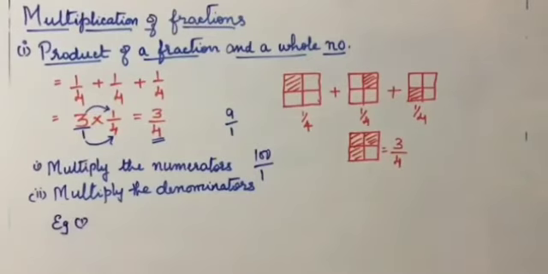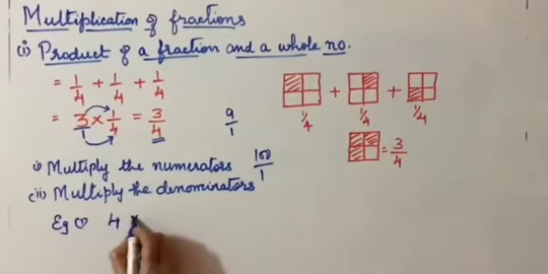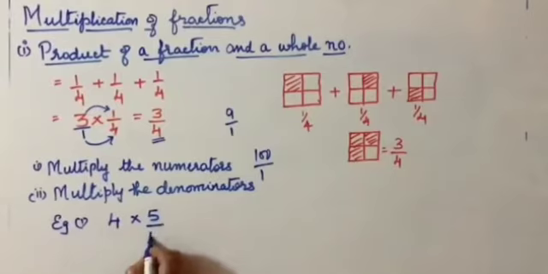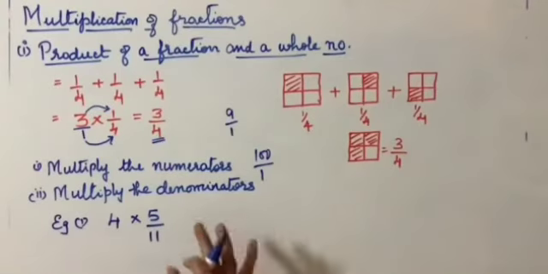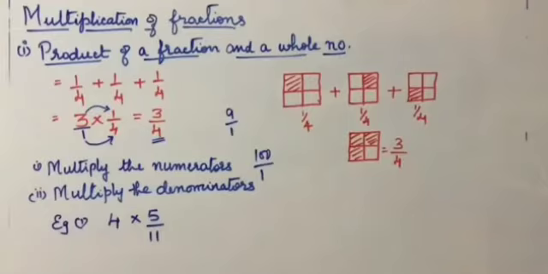Now, suppose I have 4 into 5 by 11. Children, please remember, I can write 4 into 5 by 11 or I can write 5 by 11 into 4. Commutative property, please remember. It's not wrong to change the order.